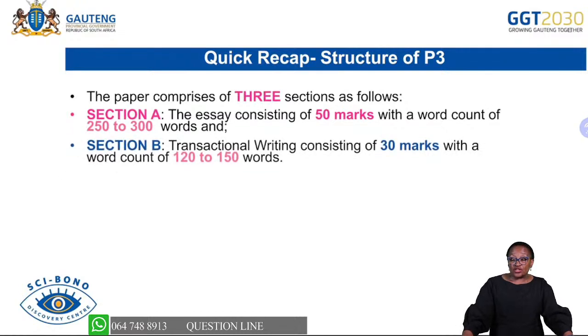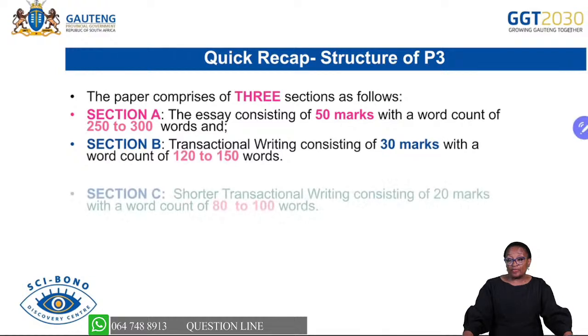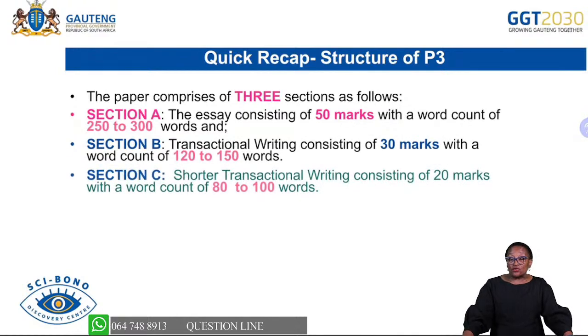We also have section B, which is transactional writing consisting of 30 marks with a word count of 120 to 150 words. And lastly, we have section C, which is our shorter transactional writing consisting of 20 marks with a word count of 80 to 100 words.